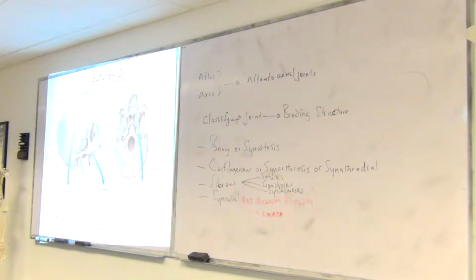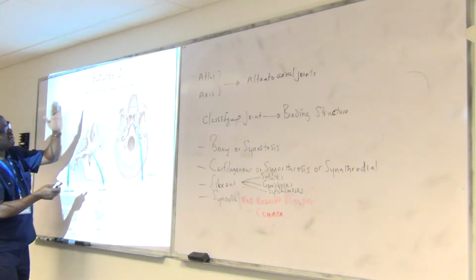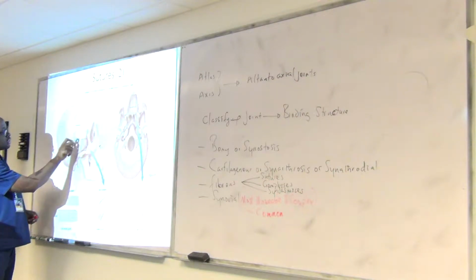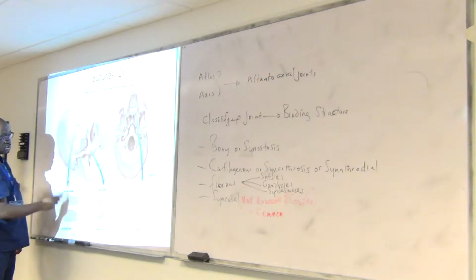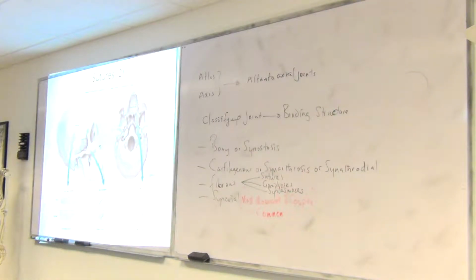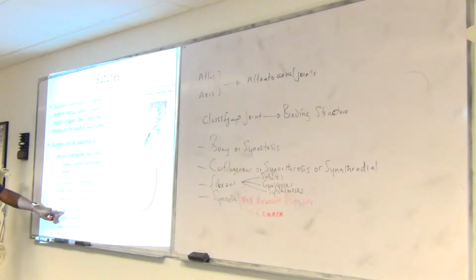This one is what we call the squamous suture. It's overlapping. An example of that is the suture between the temporal and parietal bones, which is the squamous.